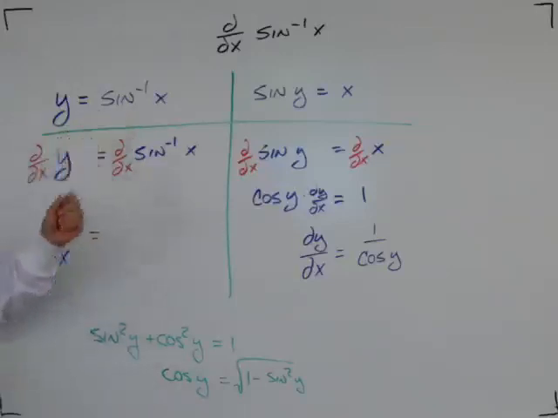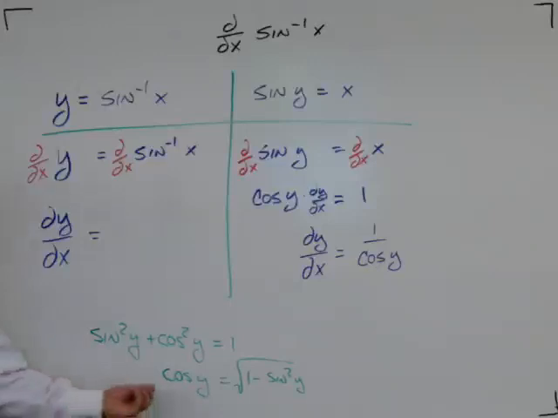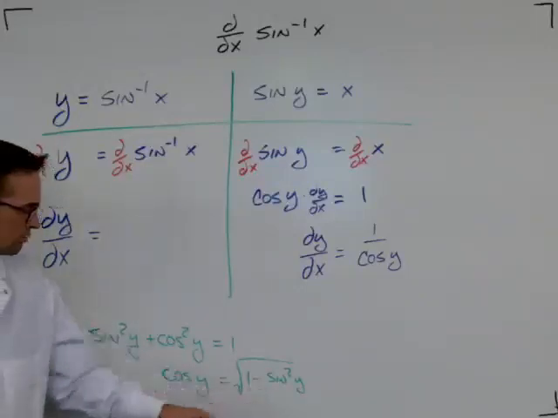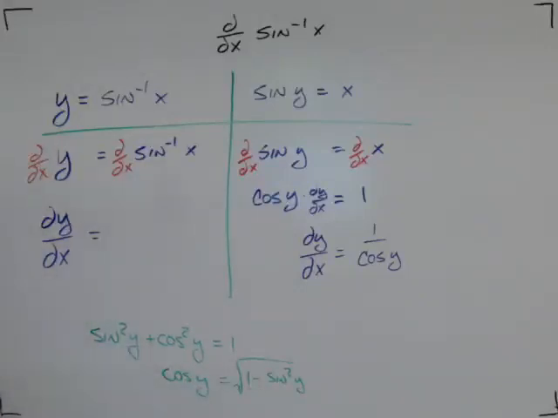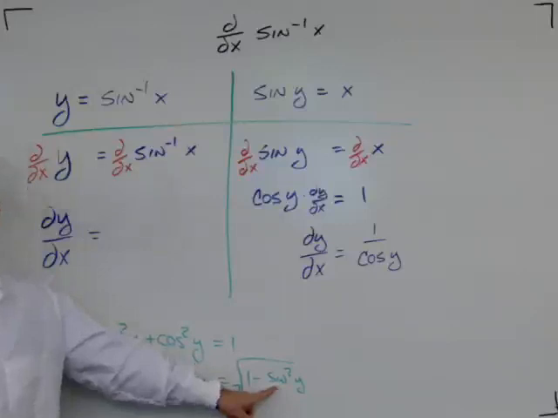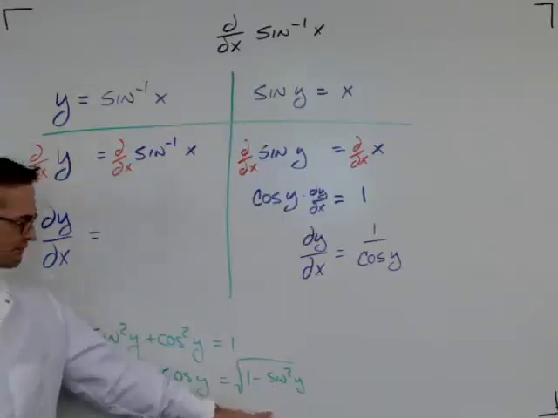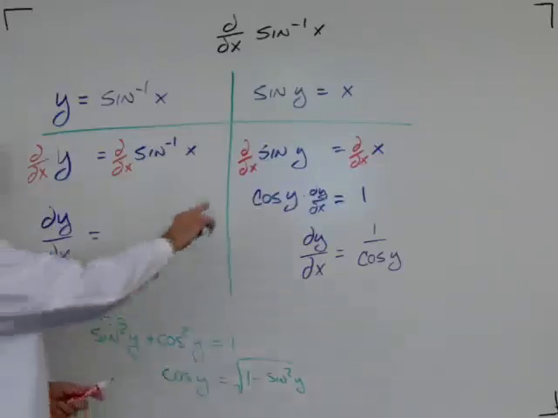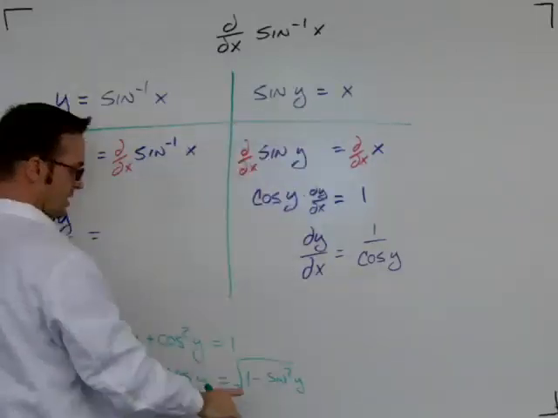Because I'm dealing with the inverse sine of x, I know that the cosine of y is going to be positive. So now that I have this statement here, cosine of y could be replaced with this. But one more substitution we can make, and I think I have just enough room here. Remember that sine of y is equal to x.